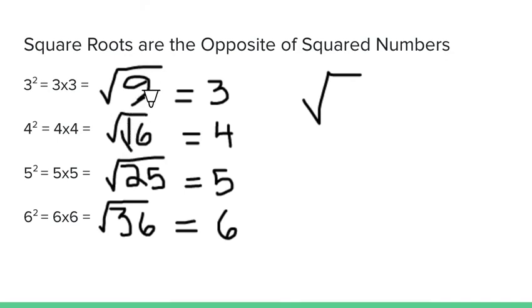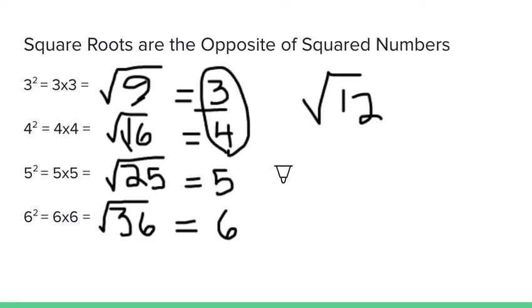Let's say we looked for a number between 9 and 16. I'll just use 12 as an example. You could definitely find the square root of 12, but when you're using numbers that aren't perfect squares, your answer is not going to be a whole number. You are going to end up with an answer that is between 3 and 4, so it's going to be a decimal between 3 and 4.